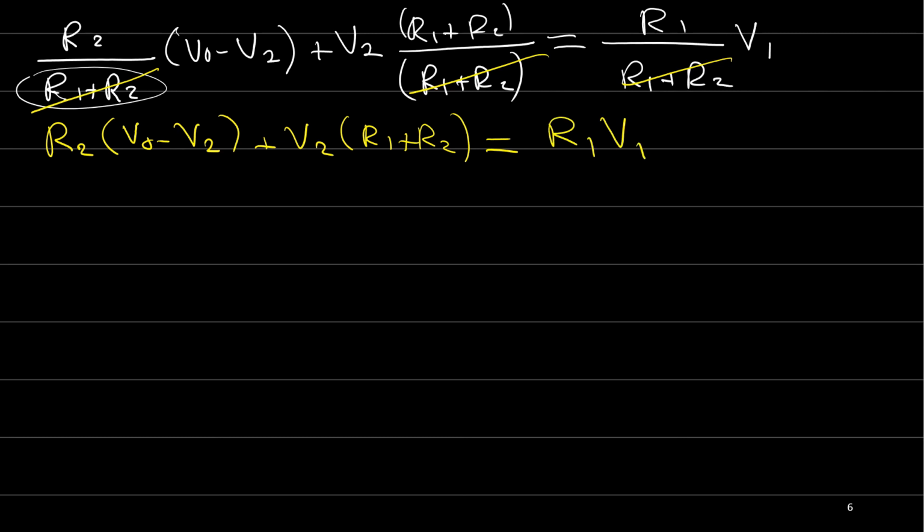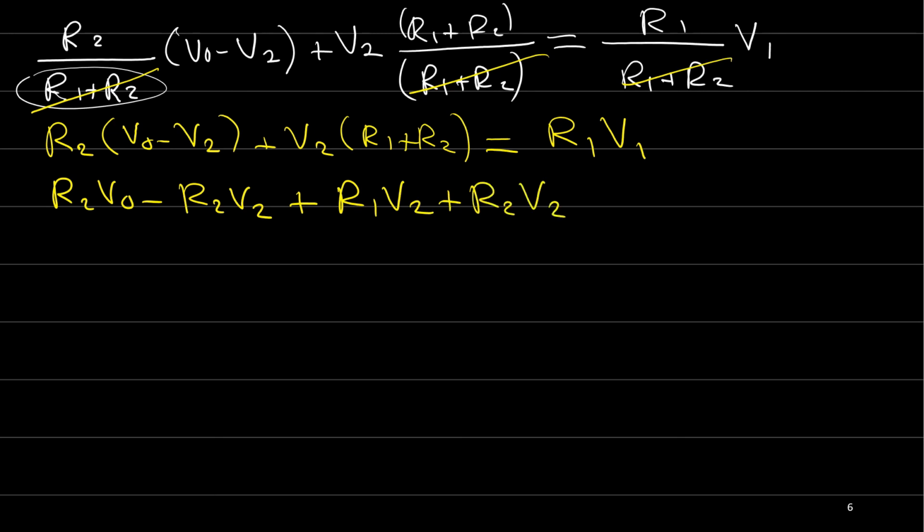Just distribute: R2 V out minus R2 V2 plus R1 V2 plus R2 V2 equals R1 V1.